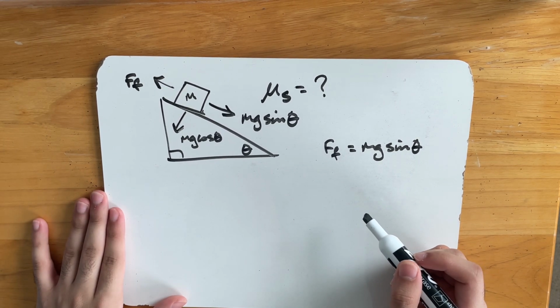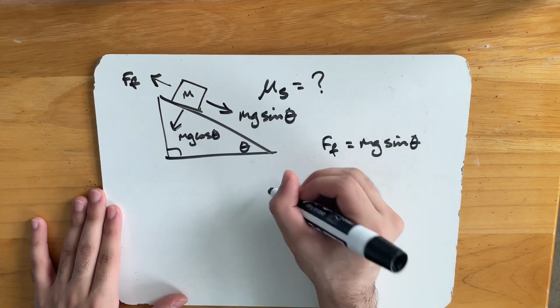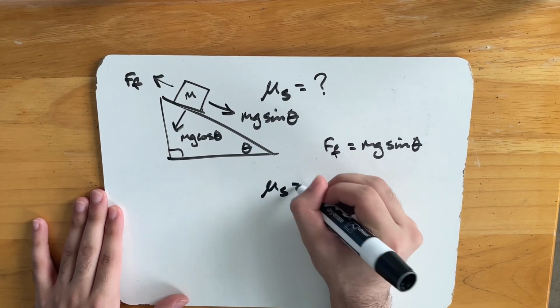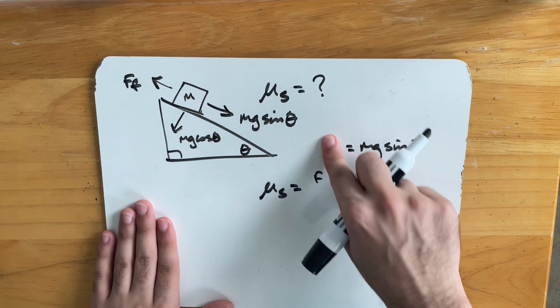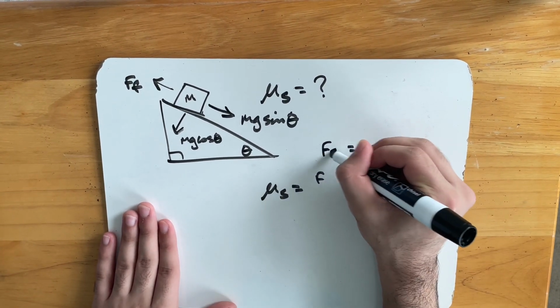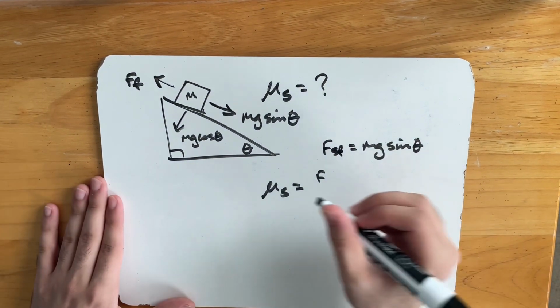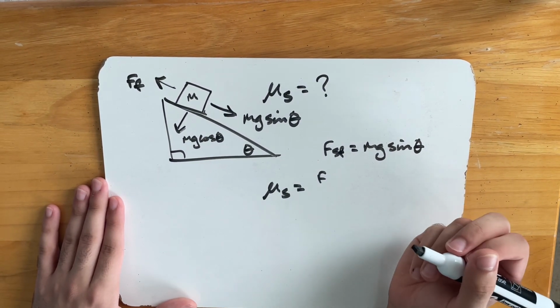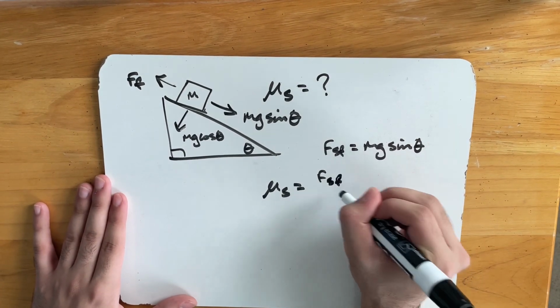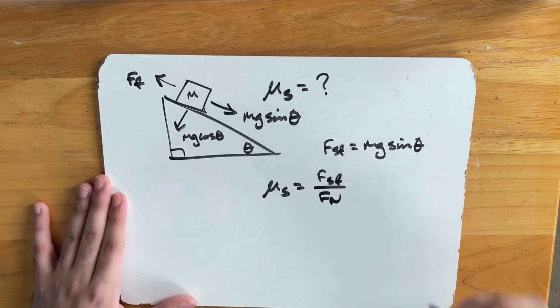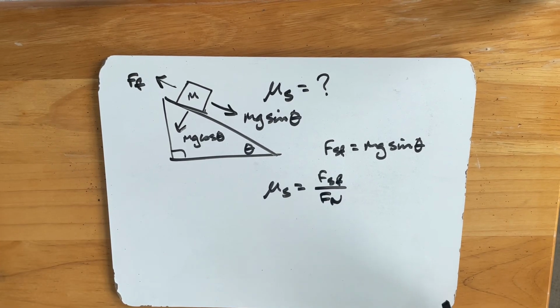So let's see here. We know the formula for mu static. Mu s is the force of static friction divided by the normal force. So what's our normal force?